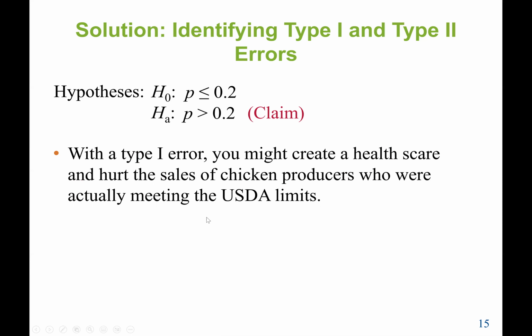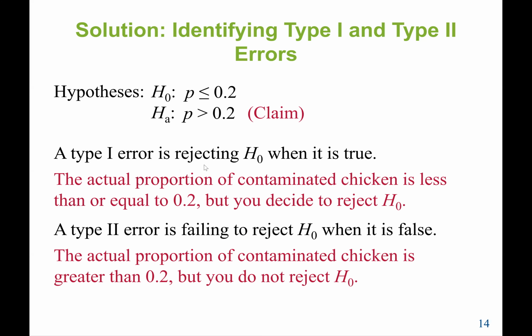Now here, with a type 1 error, you might create a health scare and also hurt the sales of chicken producers who were actually meeting the USDA limit. Remember, type 1 error is when we reject HO when it's true.